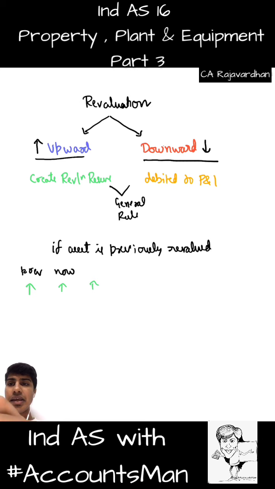If previously the asset was upward revalued and now we're going to do downward revaluation, then we need to reverse that upward, and then if there is excess, it will become downward. You get that? And if previously it was downward revalued and now also we're doing downward, then it will be downward only, no change. If previously it was downward revalued and now we're doing upward revaluation, then we should reverse the downward first and then the excess will be done upward.